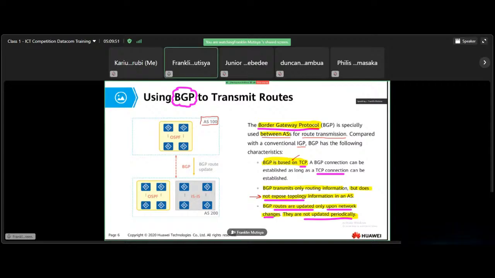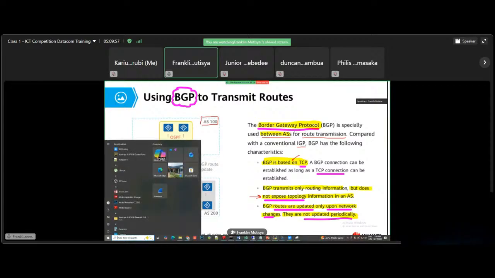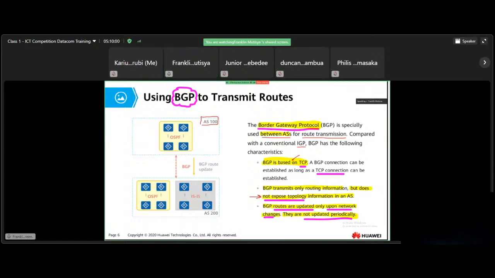But BGP runs at the transport layer and it uses TCP, TCP port number 179. 179 is the port that is used to exchange routes between two adjacent or neighboring routers.